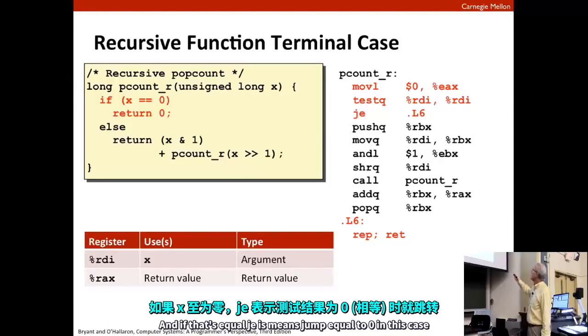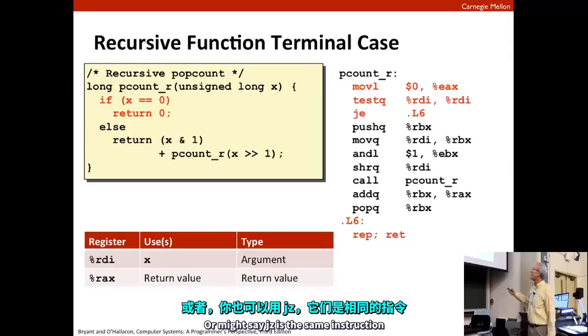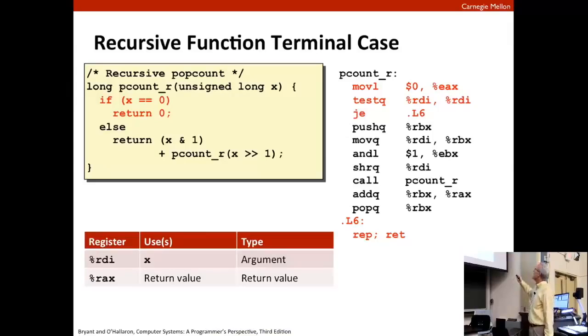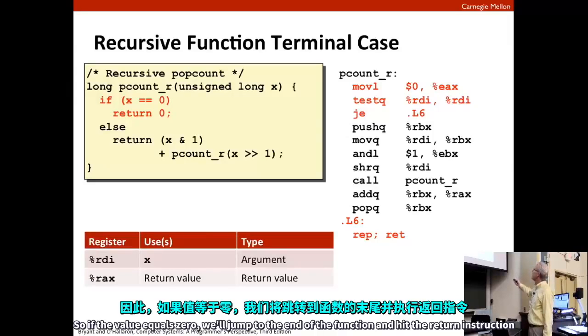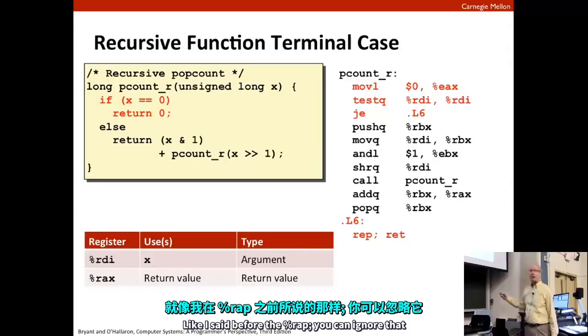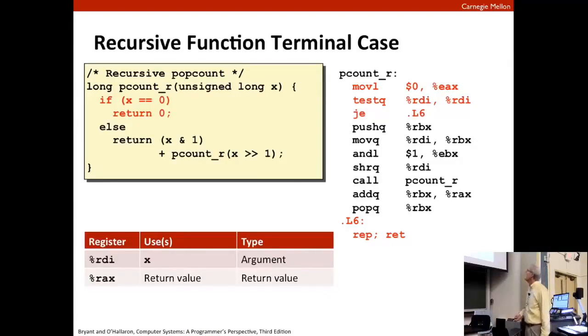And if that's equal to 0, JE means jump if equal, or it might say JZ, which is the same instruction, so if the value equals 0, it will jump to the end of the function and hit the return instruction. Like I said before, the REP prefix, you can ignore that. So that handles that one.